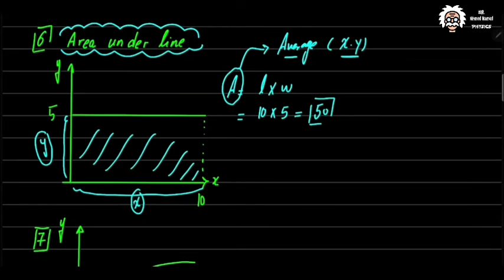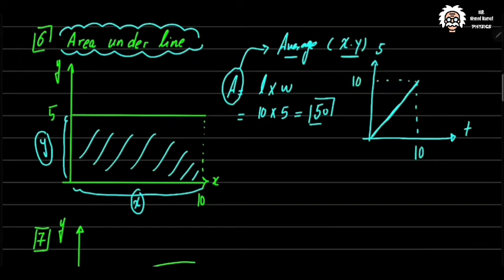To make a clearer example, we can draw a graph between speed and time, and let's draw it in this form. Let's assume this number is 10 and this one is 10.